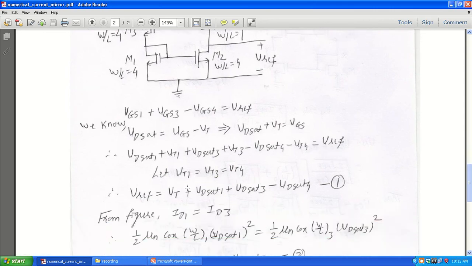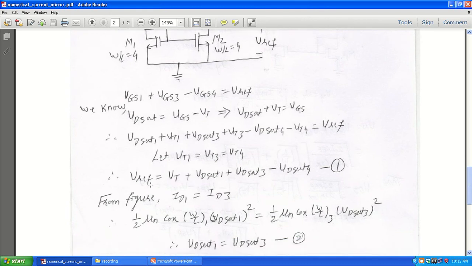Now let the threshold voltage of 1 be equal to the threshold voltage of 3 be equal to the threshold voltage of 4. Then Vreference is equal to VT plus VD1 plus VD3 minus VD4. Let us say this is equation number 1.